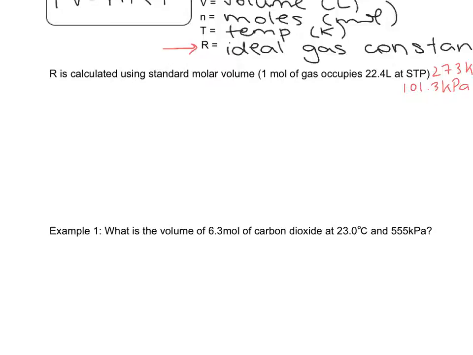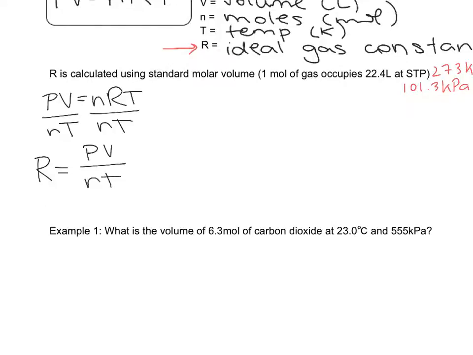If I look at this ideal gas law, I have PV equals nRT. If I'm rearranging to solve for R, then I can divide both sides by nT. So really I have R equals PV over nT. This rearrangement should help you out with the units when you're trying to solve for those.